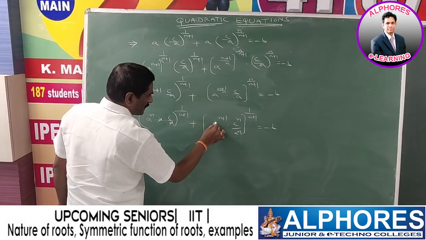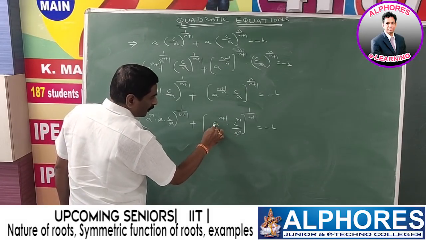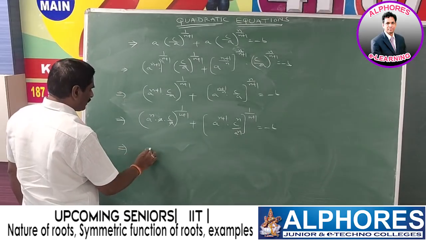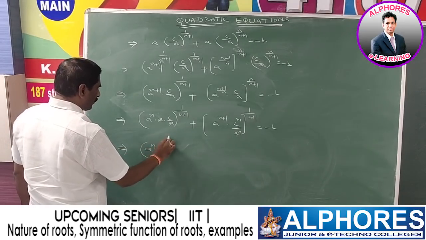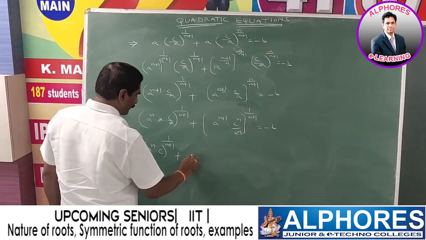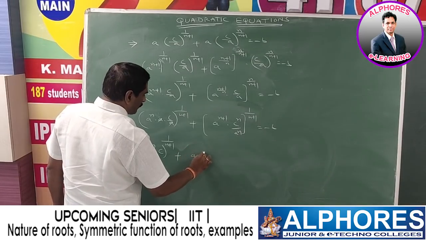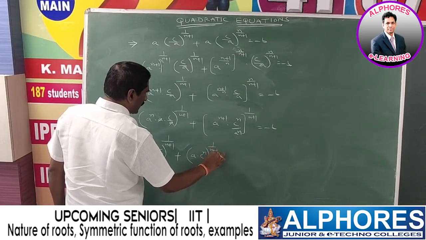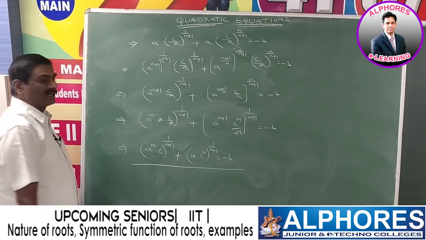Here a power n plus 1 cancel. a power n plus 1 means a power n into a. That implies a power n into c whole power 1 by n plus 1 plus a into c power n whole power 1 by n plus 1 is equal to minus b. It is the required answer.